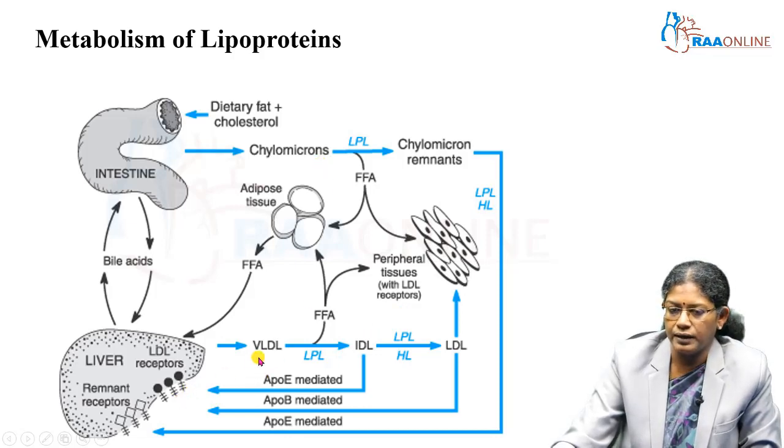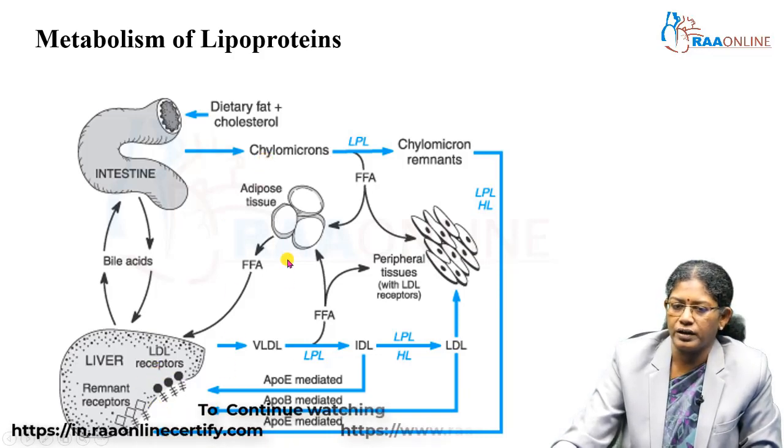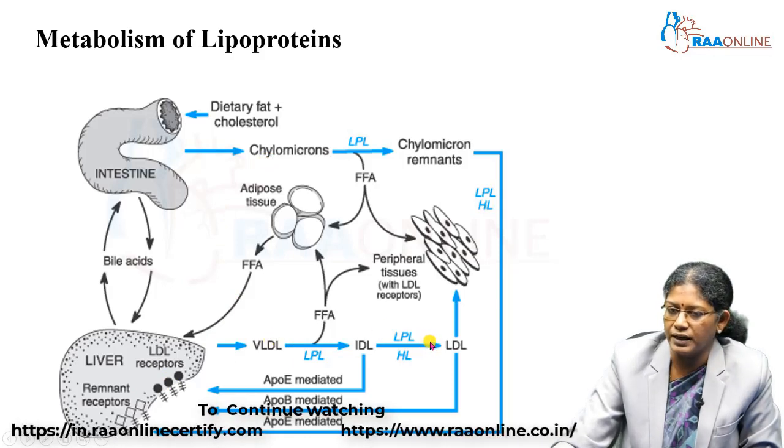The remaining part of this VLDL is converted into intermediate density lipoproteins as well as low density lipoproteins. These low density lipoproteins are again absorbed by our liver, and this forms the very bad cholesterol. This is the process of chylomicrons, VLDL as well as LDL and IDL. The formation of these cholesterols takes place in this way only.